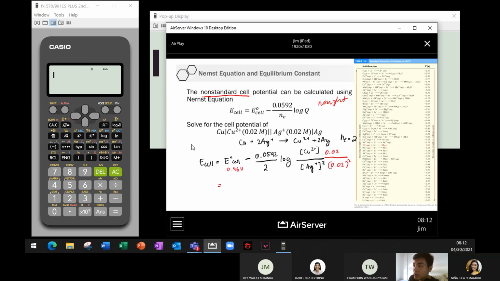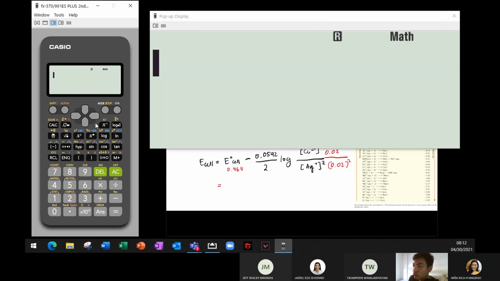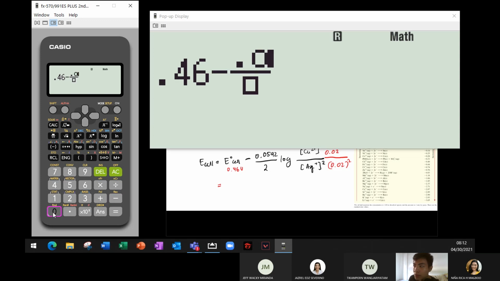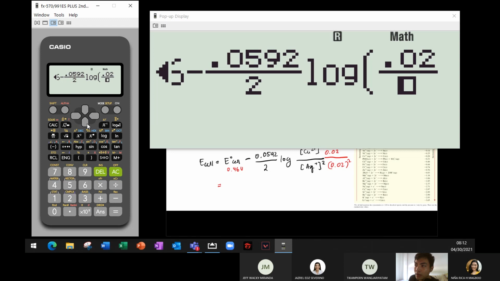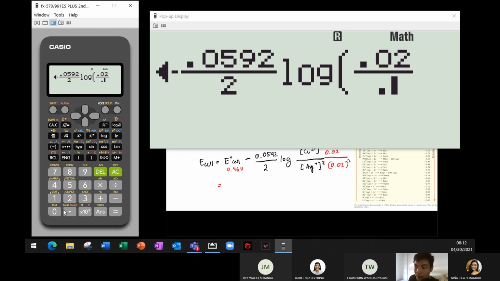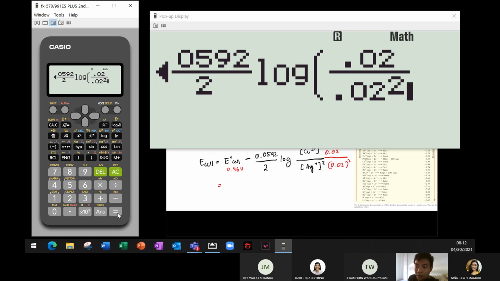Anyway, solving for that, we have 0.46 minus the fraction 0.0592 over 2, times the logarithm of, in the numerator, 0.02 for the copper ion, and in the denominator, 0.02 squared for the silver ion.